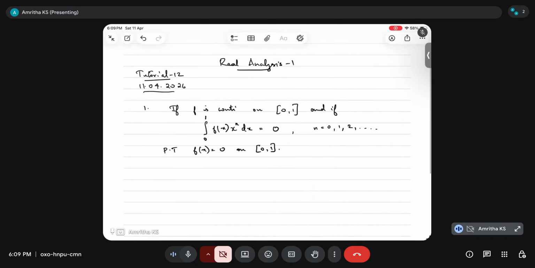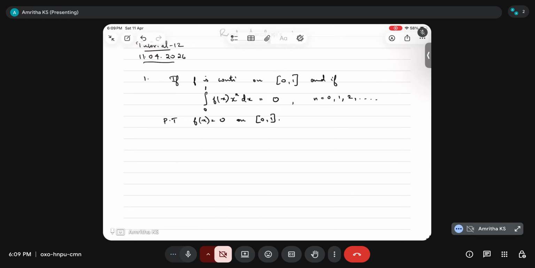So let me recall the Weierstrass approximation theorem. It says that if you have a continuous function f on a closed interval [a, b], then f can be uniformly approximated by polynomials, right?